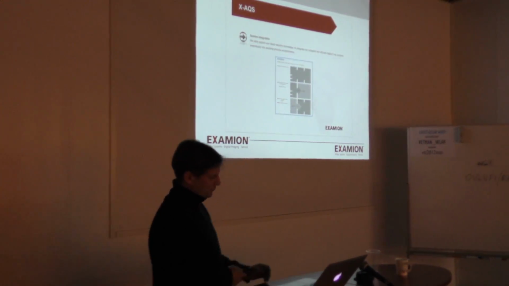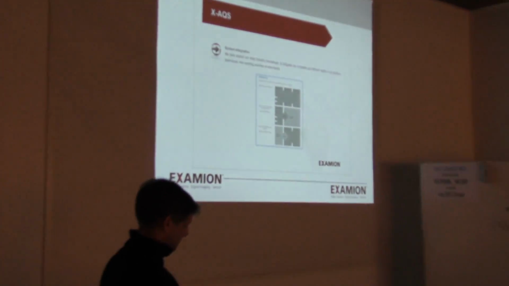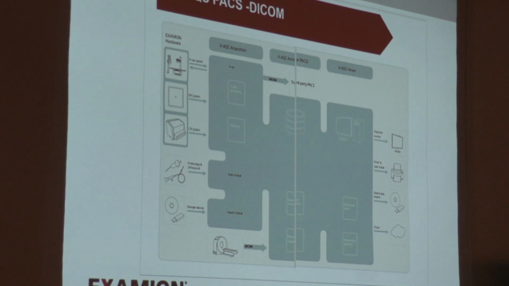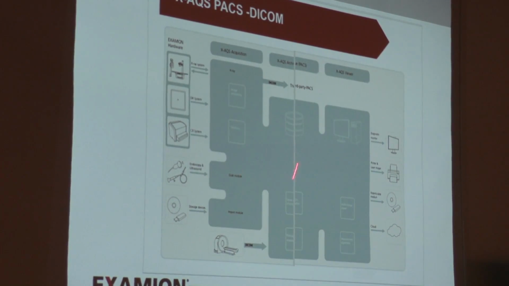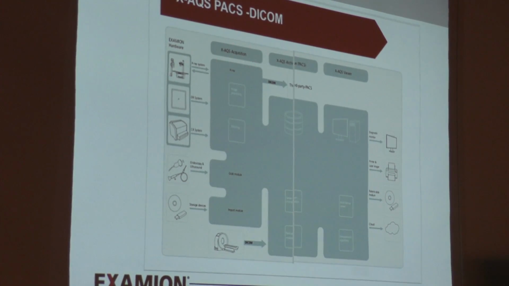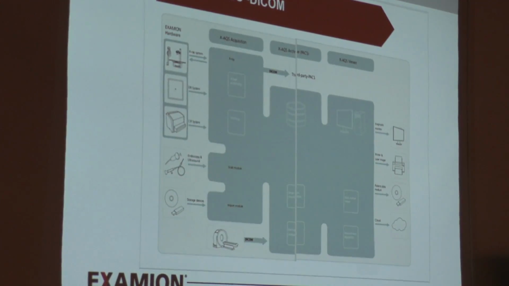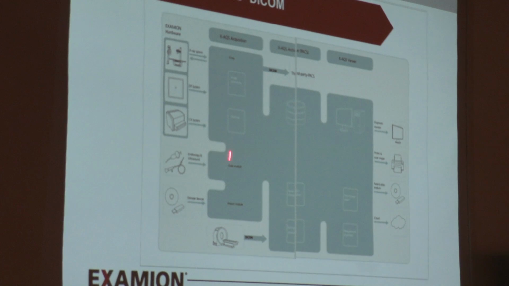The little diagram is quite small, but this is a little bit about system integration, so I'll move to this one. Here you see a little bit what these PACS software can do and how modular it is. You have here the acquisition part, PACS part, and viewing part. You need all three of them, of course, but sometimes you already have something in your clinic.